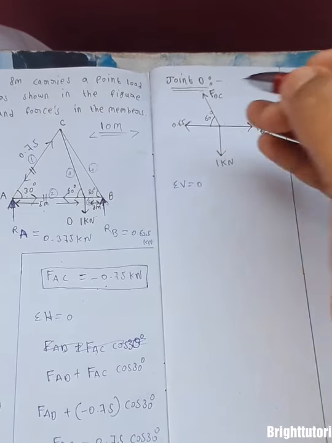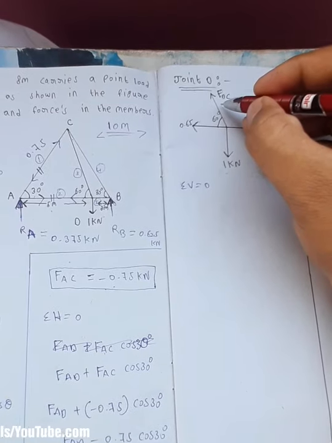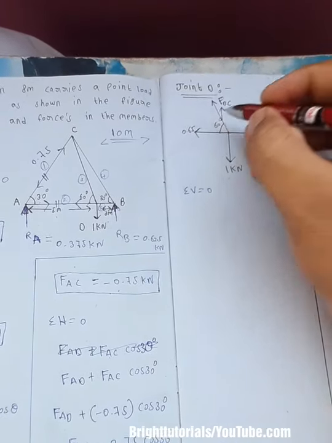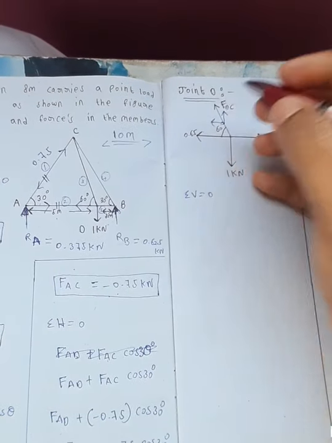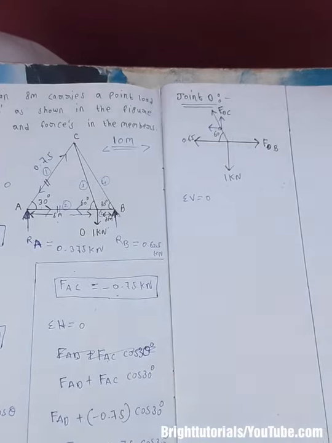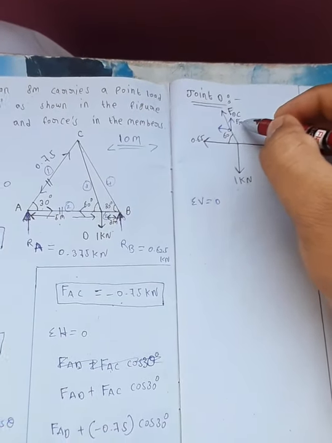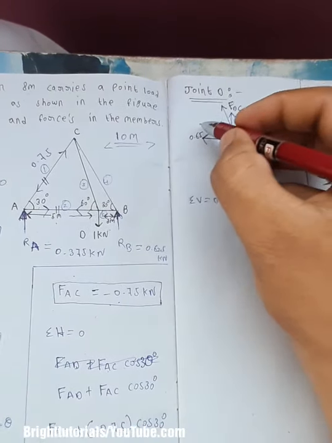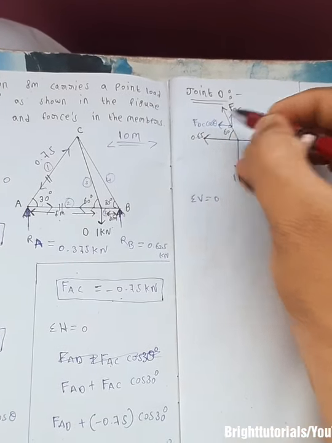Before doing this, we have to resolve this. This is an inclined force, so we will first resolve it into 2 components, the horizontal component and the vertical component. This is going to the third quadrant. So this is FDC sine theta, here theta is 60 degrees, and this is FDC cos theta.